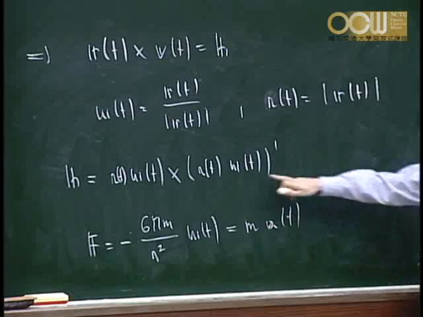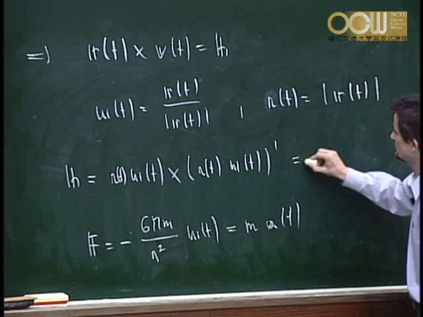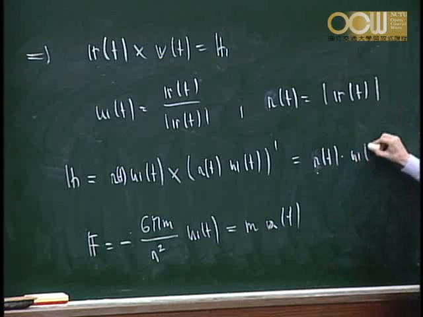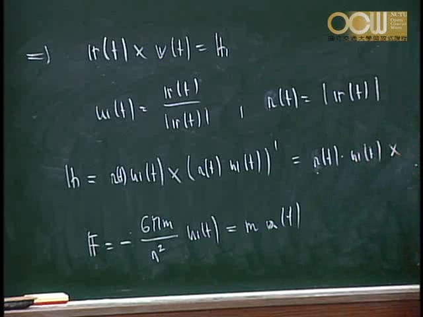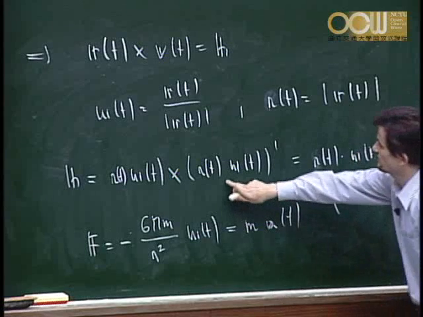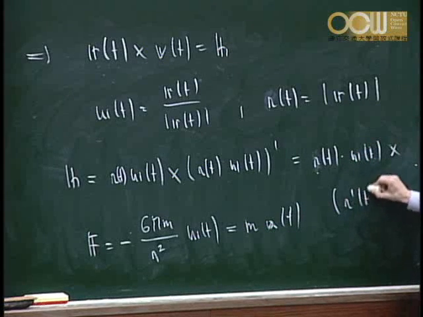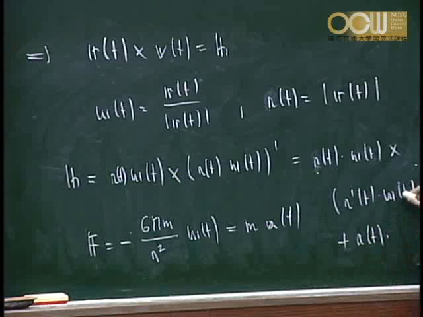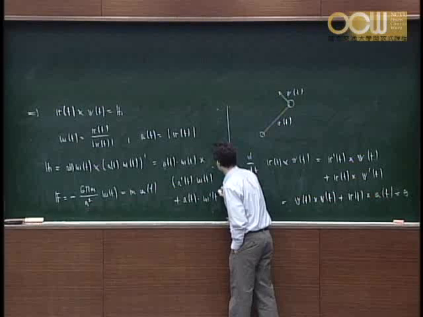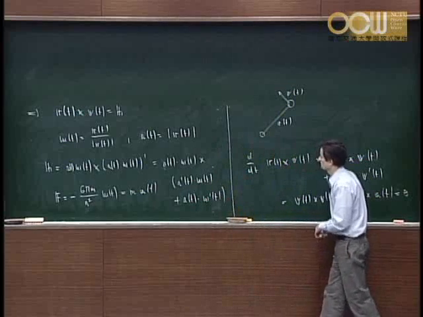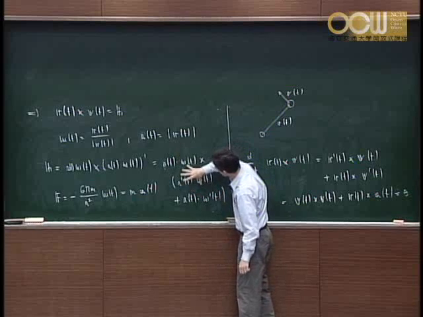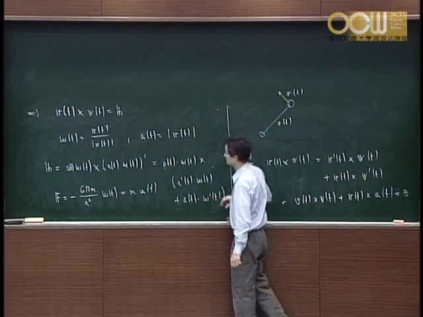Here we can use again the product rule. So what we get is r of t times u of t, and by the product rule we have the derivative of r of t times this unchanged, plus r of t times the derivative of u of t. Because of the cross product, we can multiply this with this term plus multiply this with this term.